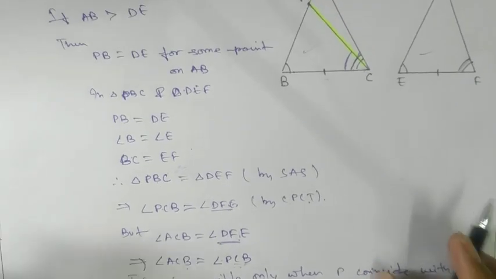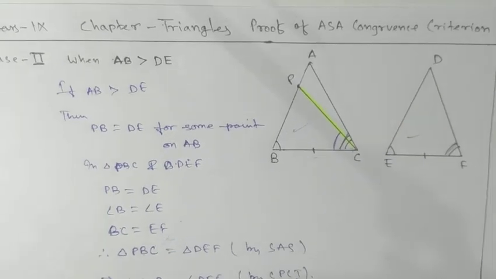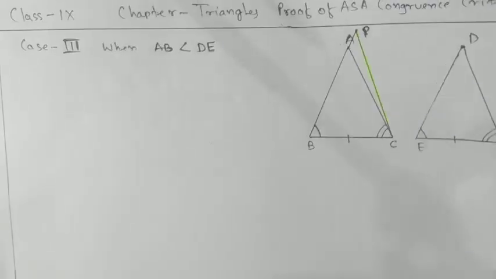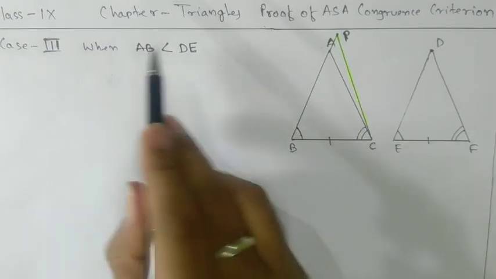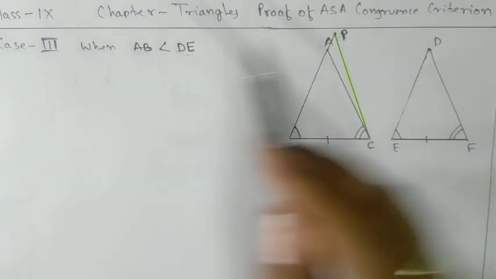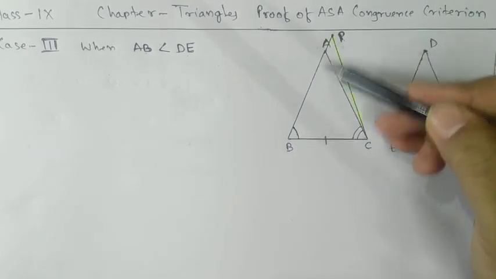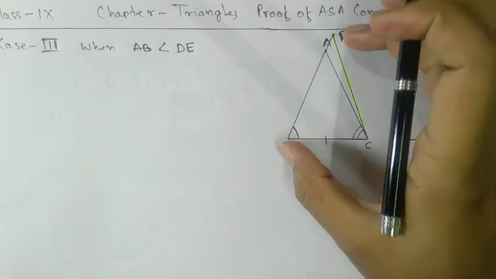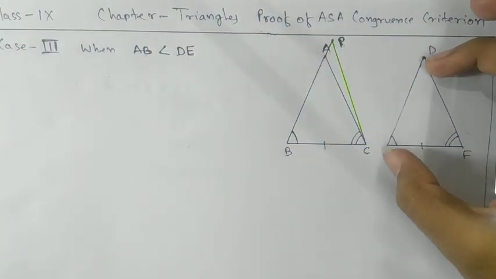Now we have the third case. If AB is less than DE, that means there must be a point outside of AB, and if we extend this AB and take PB, then this PB must equal your DE.